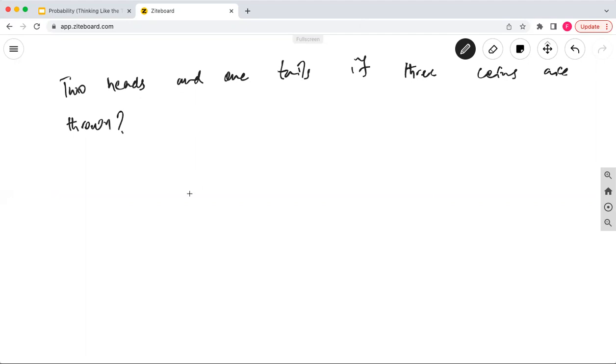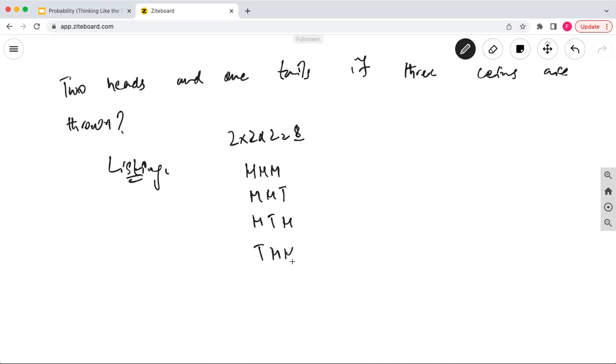If I consider the listing method, there are 3 throws, right? So the possibility is 2 into 2 into 2, which is 8. If I list those down: head head head, head head tail, head tail head, tail head head, head tail tail, tail head tail, tail tail head, and the last is tail tail tail, right?